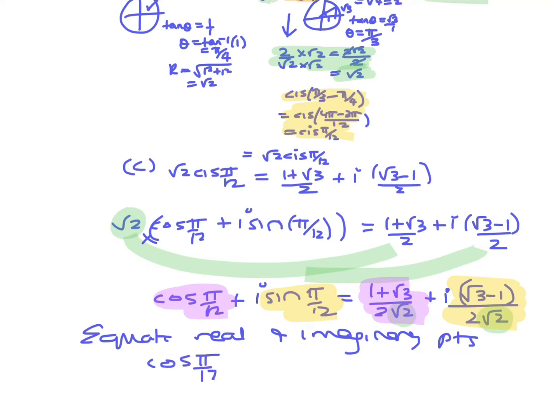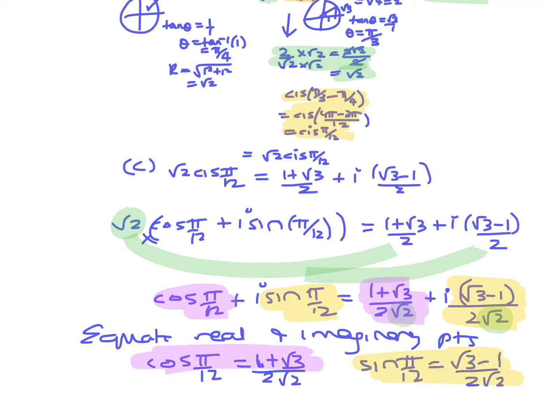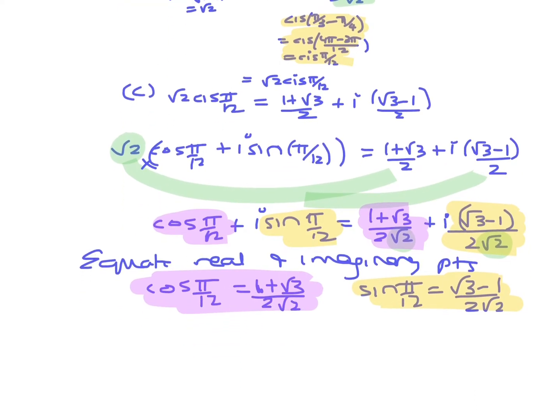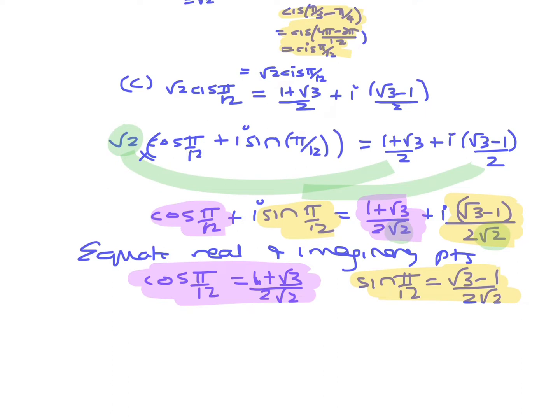So you can find cos pi on 12 exactly. And then you have sine pi on 12 and cos pi on 12 in exact form, using complex numbers and mod arg form.